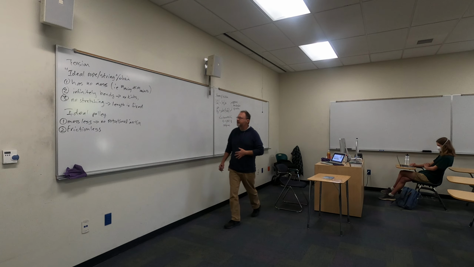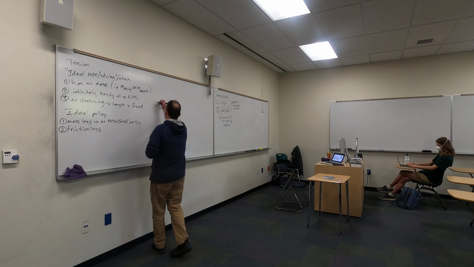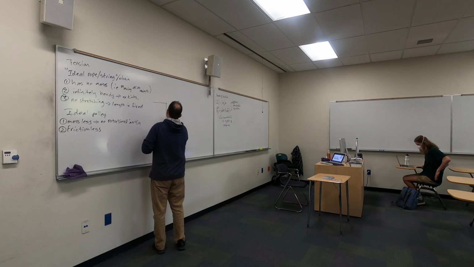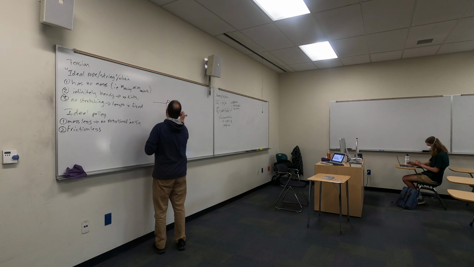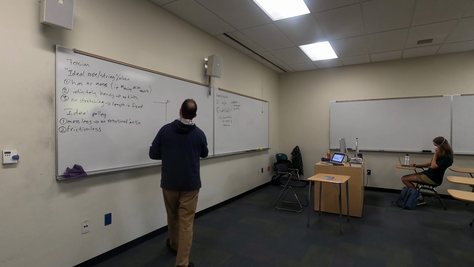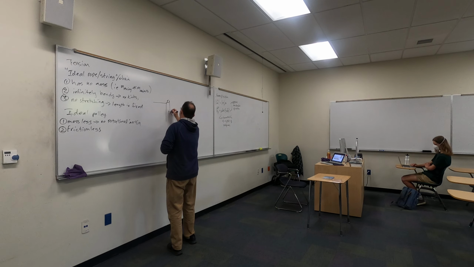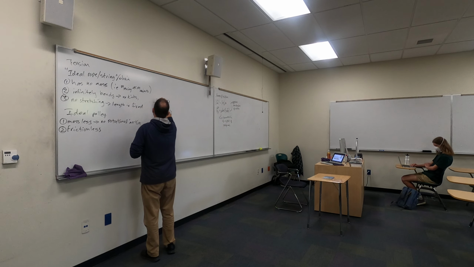So, for instance, if we take a look at the homework problem we did, we have an ideal pulley here. We have a mass hanging from the pulley, M2. We have a mass sitting on the table, M1, and they are connected.